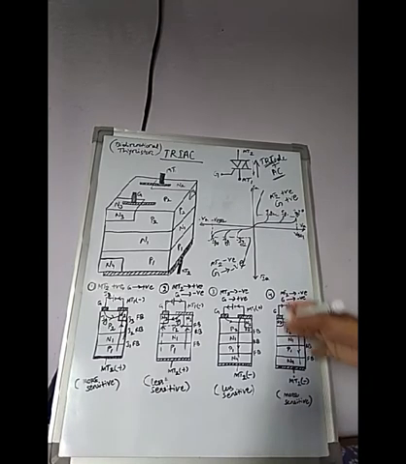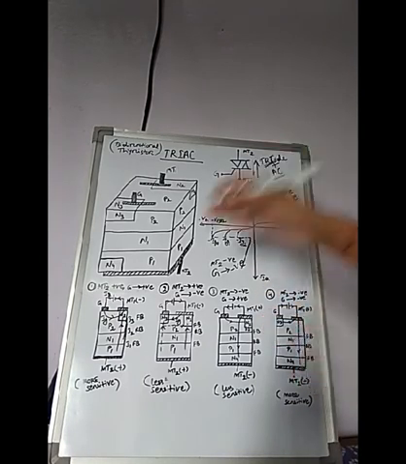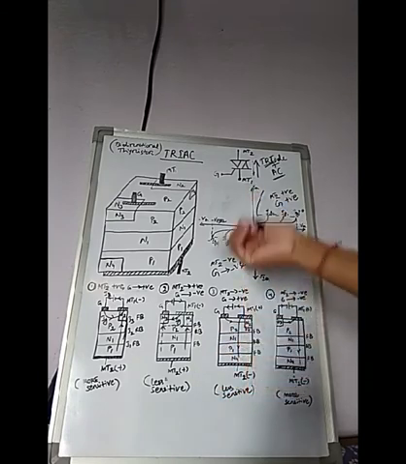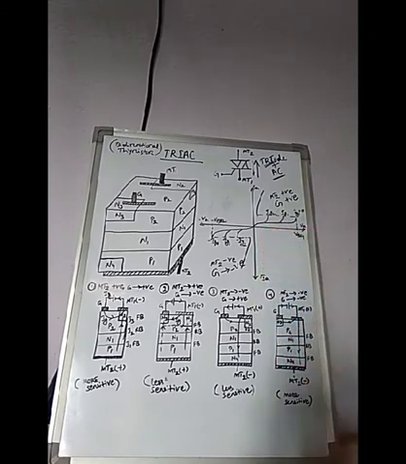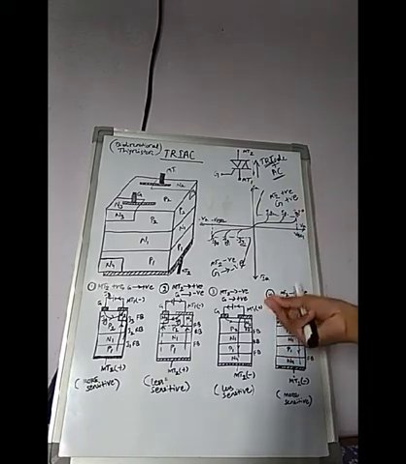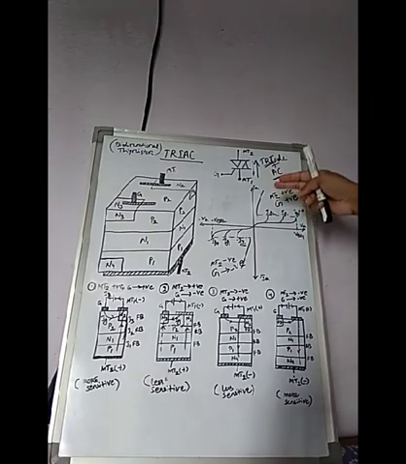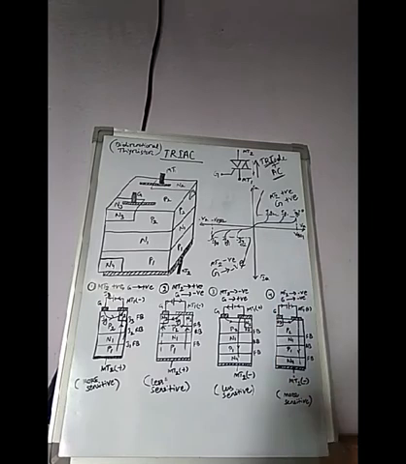Now you can select in which mode we will turn on this device so that the sensitivity of the device is greatest. Okay, so the triac is rarely operated in the first quadrant with negative gate current, and in the third quadrant with positive gate current.